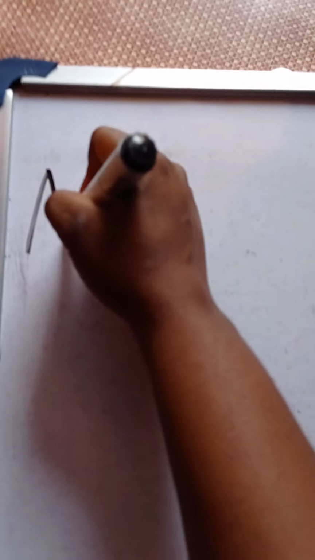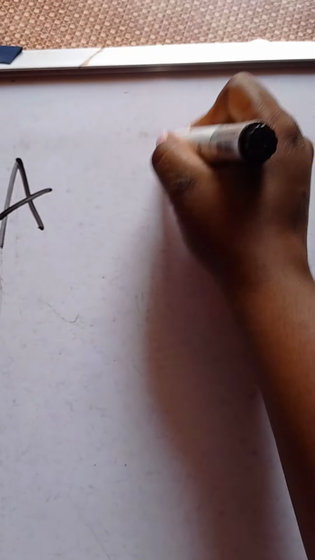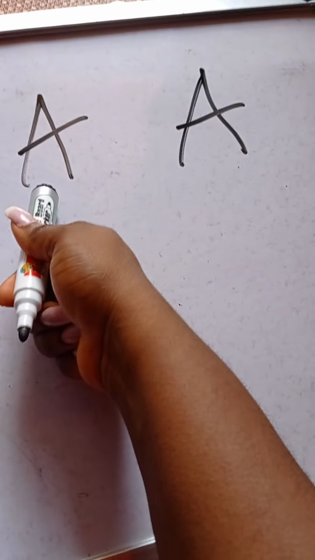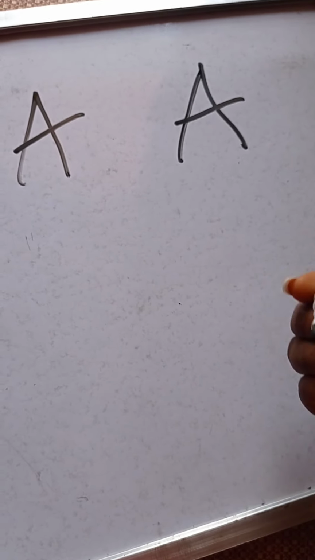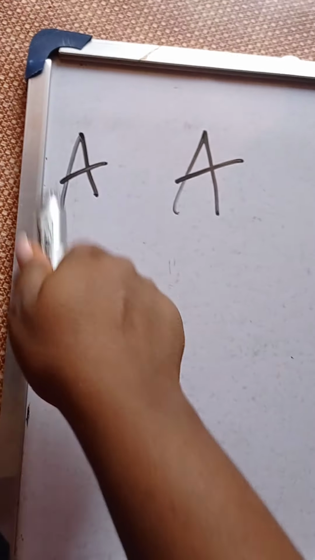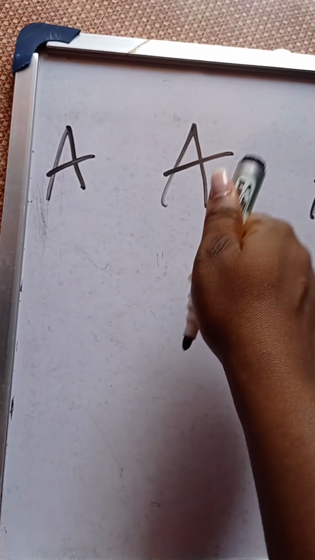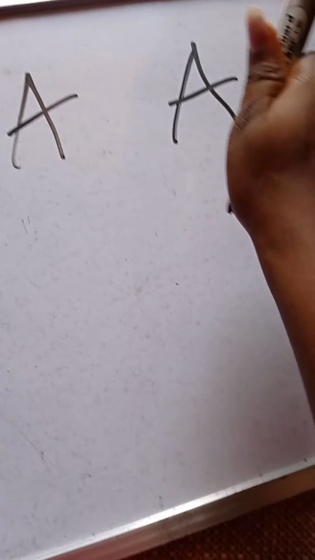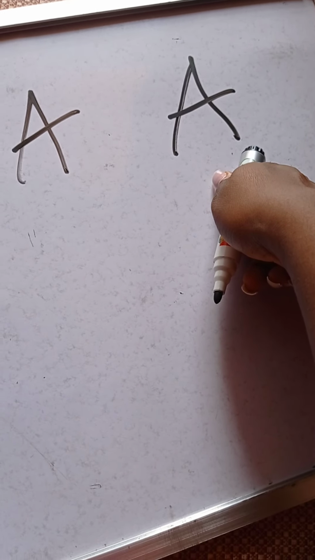For people that studied French in school, they will tell you, okay, English, A, Igbo, A, French, A, but they all sound different. A, A, A. So, let me use another one.